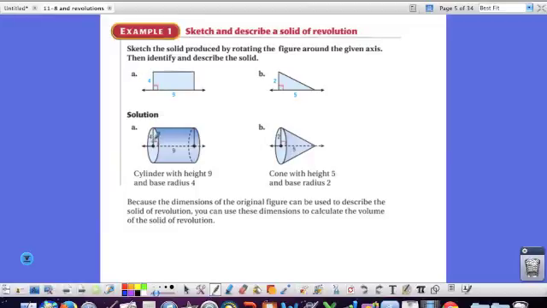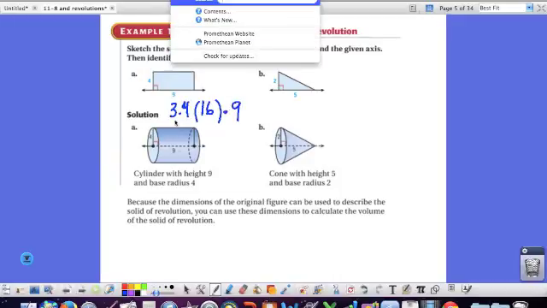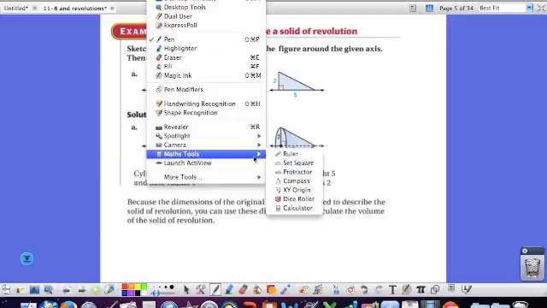So anyway, the dimension, radius is 4. 4 squared is 16 times 3.14. That's going to be the area of the base of the cylinder times a height of 9. So I need my calculator.